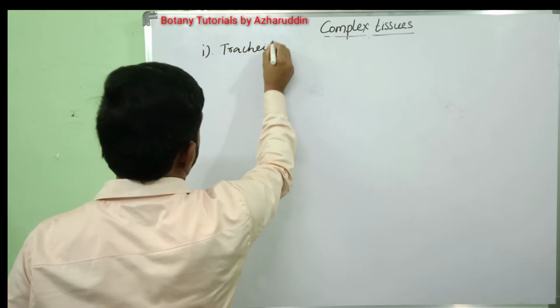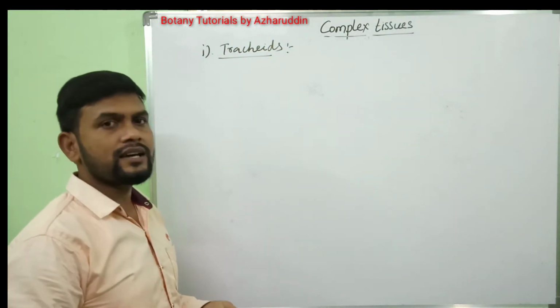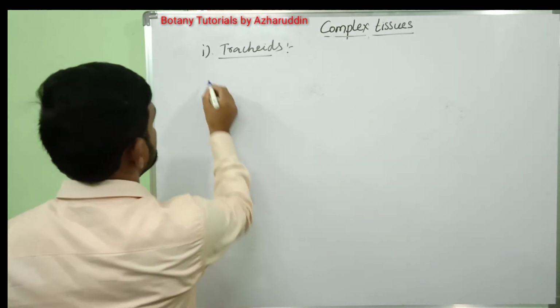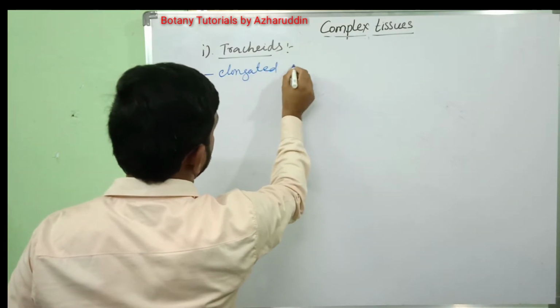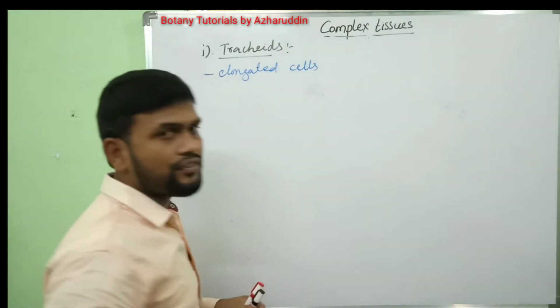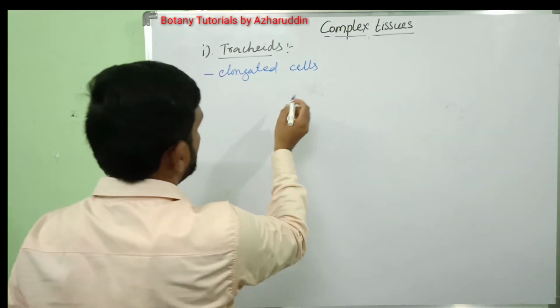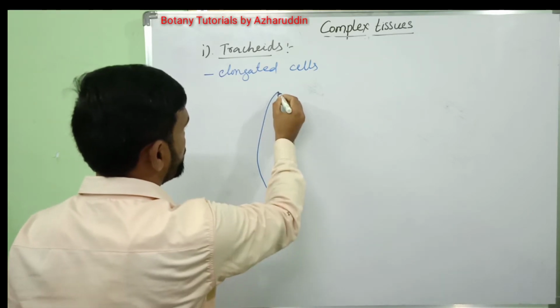Coming to the first element, xylem tracheids. Tracheids are elongated cells with a broad middle part and tapering ends. Imagine that this is a xylem tracheid.